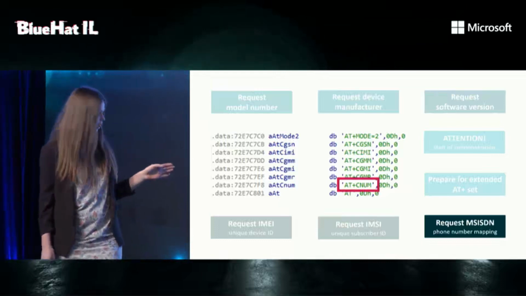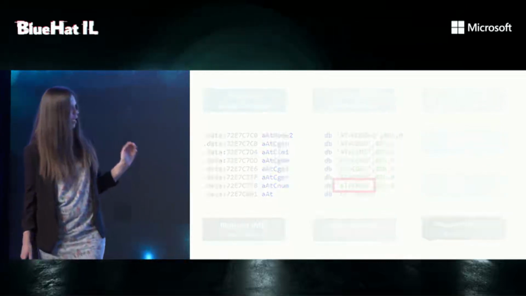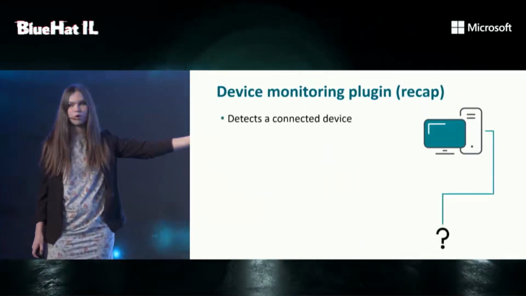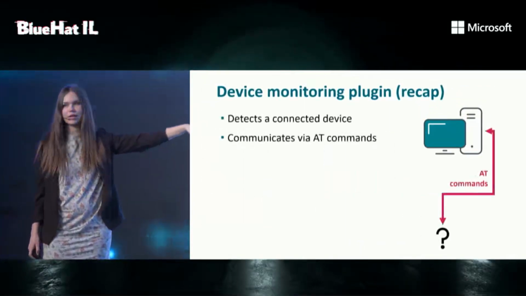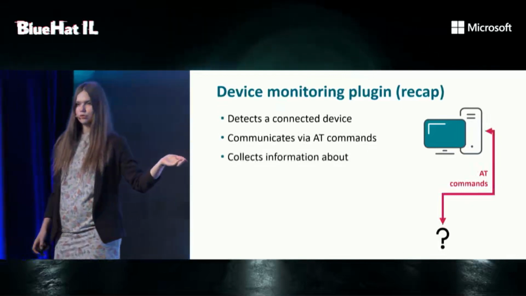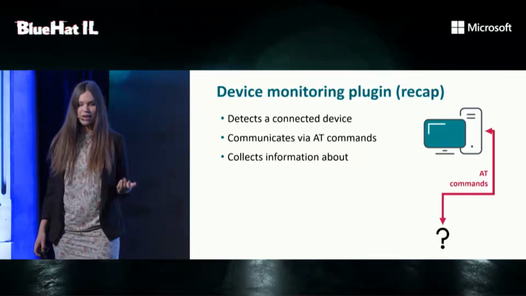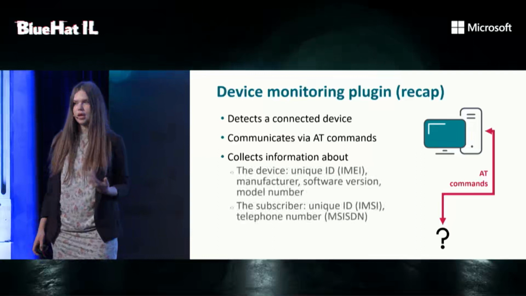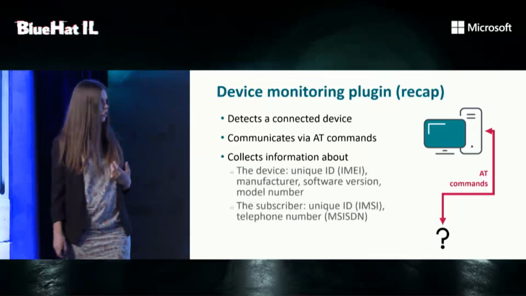So just to recap, what ATTOR is doing is that when it detects a device connected to the computer, it starts sending AT commands to communicate with the device, and by that, it's able to retrieve information both about the device itself, but also about its subscriber, its identity, and also its telephone number.